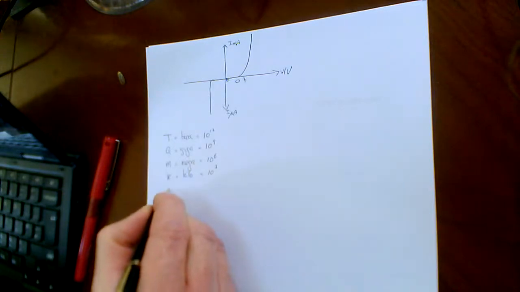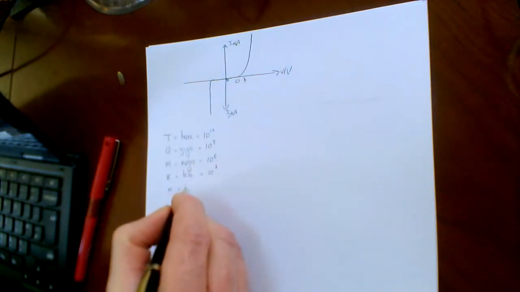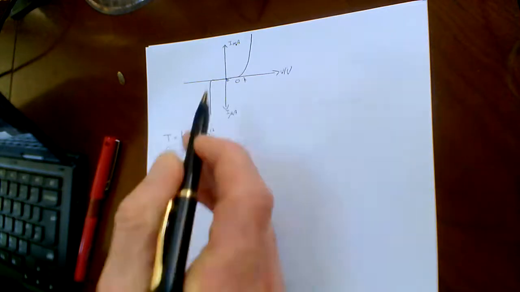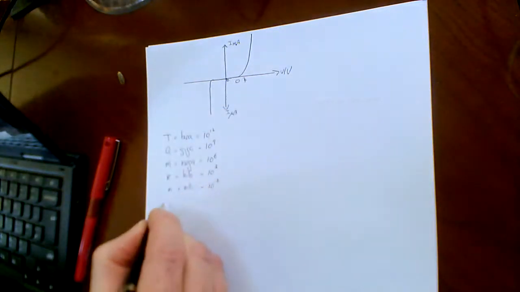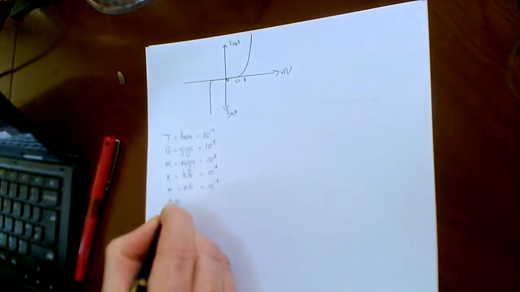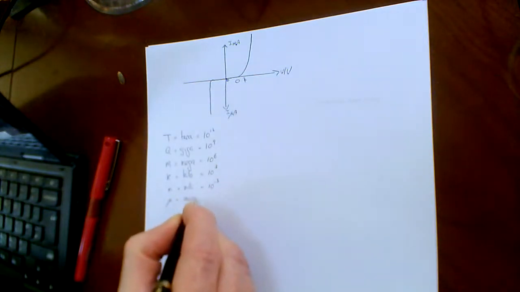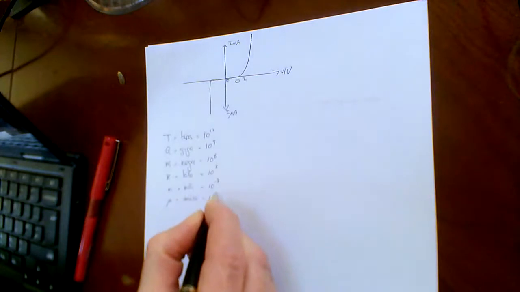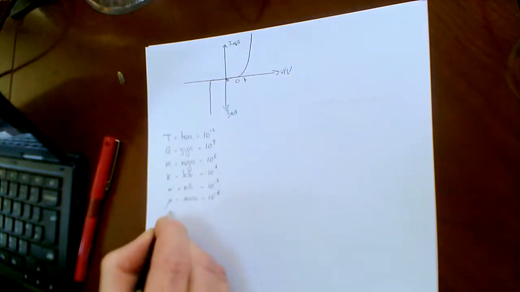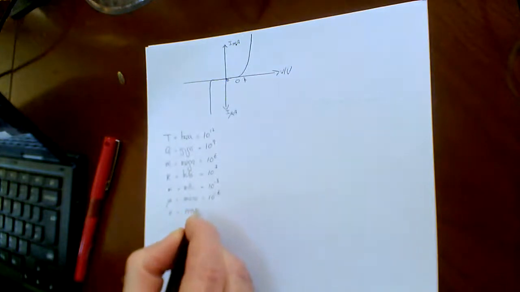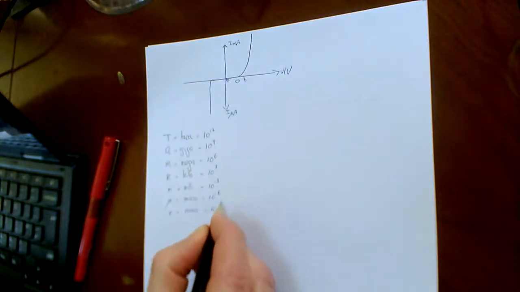Then you have, going the other way, milli, which we have up here, which is 10 to the minus 3, 1,000th. Then you have micro, which is 10 to the minus 6, which is millionth. And then you have nano, another one that you're probably familiar with, 10 to the minus 9.